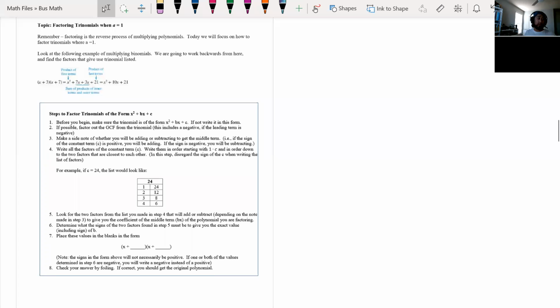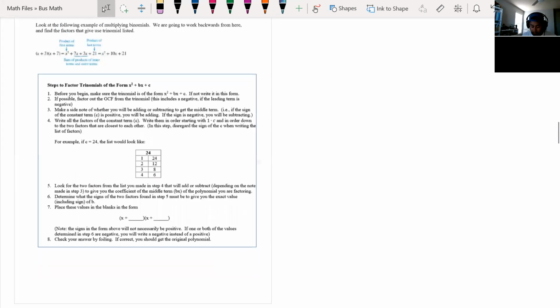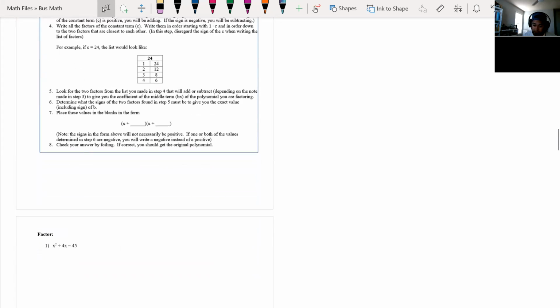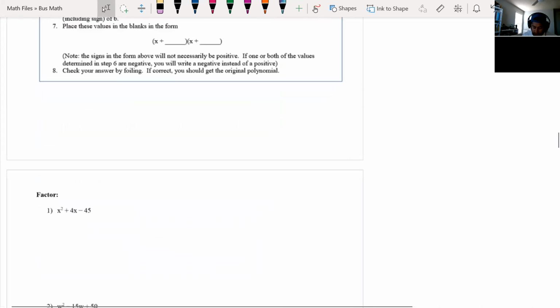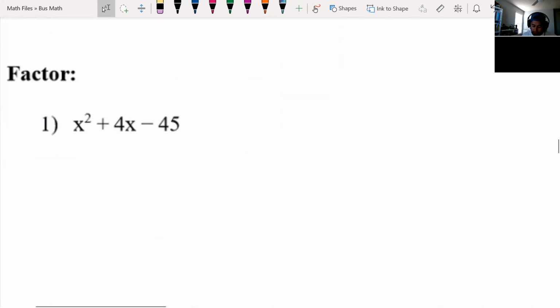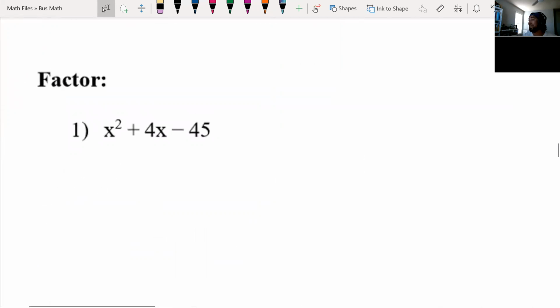Okay, let's do this. So factoring trinomials when a equals 1, there's a lot of stuff on this page, so I'm not going to read all of it. I'm just going to walk you through it on the next page. So we are factoring trinomials where the leading coefficient is 1. Here you have the leading term of 1.